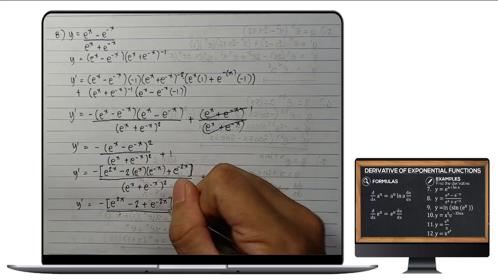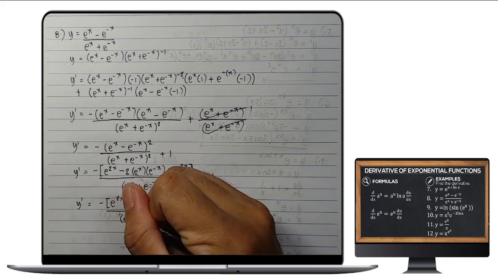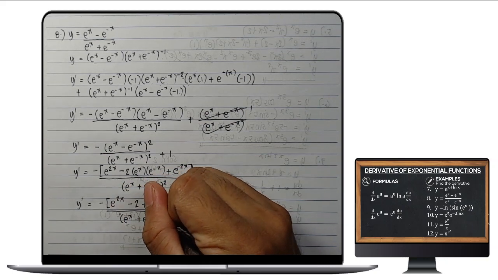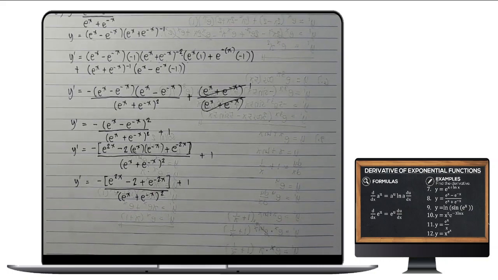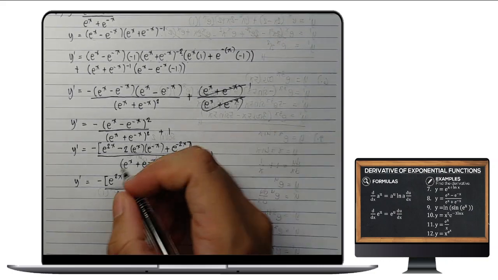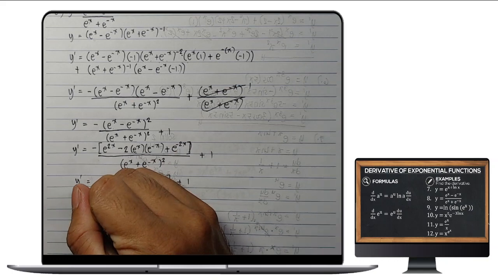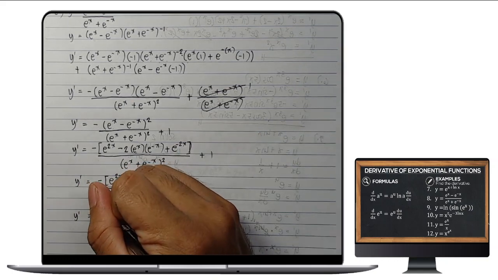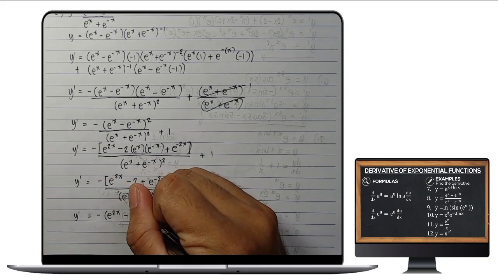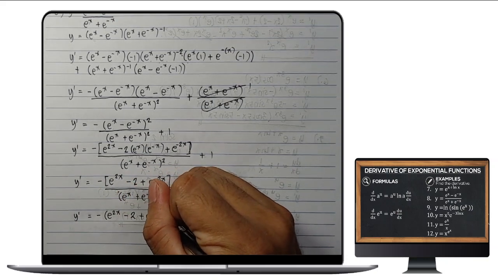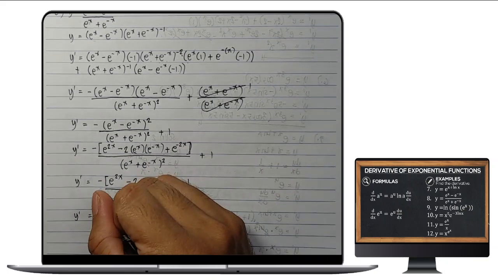So all over e raised to x plus e raised to negative x being square. Then, so y prime natin is equal to negative e raised to 2x minus 2 plus e raised to negative 2x.